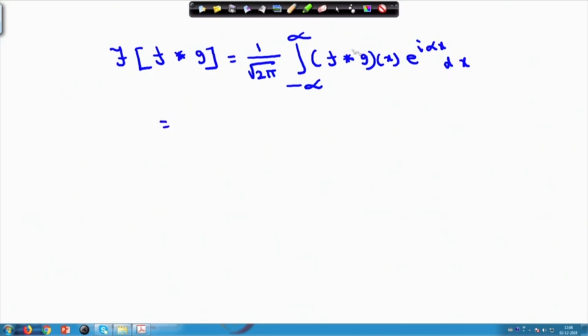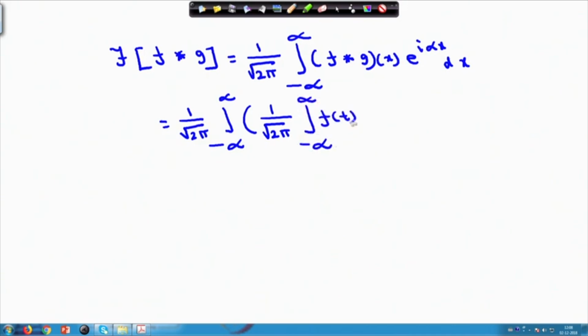Now, I know what f star g is, as we have already defined it. So you can write 1 by root 2 pi, integral from minus infinity to plus infinity, and f star g is nothing but 1 by root 2 pi, integral from minus infinity to infinity of f(t) into g(x minus t) dt, and this into dx.